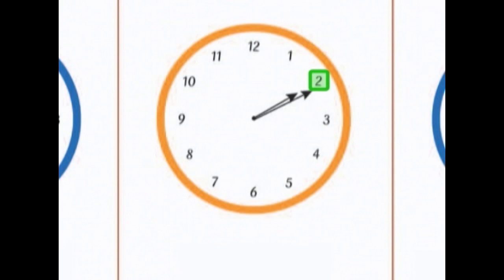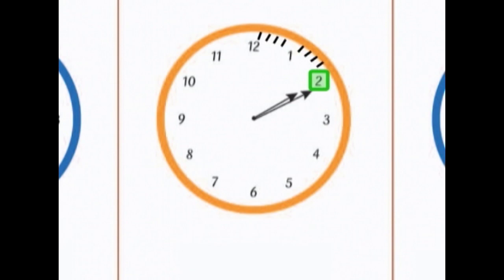Now the big hand is also pointing at number 2. So how many minutes is that? Well, we know that when the big hand points at number 1, it's 5 minutes, but now it's pointing at number 2. So let's keep counting. 6, 7, 8, 9, 10.